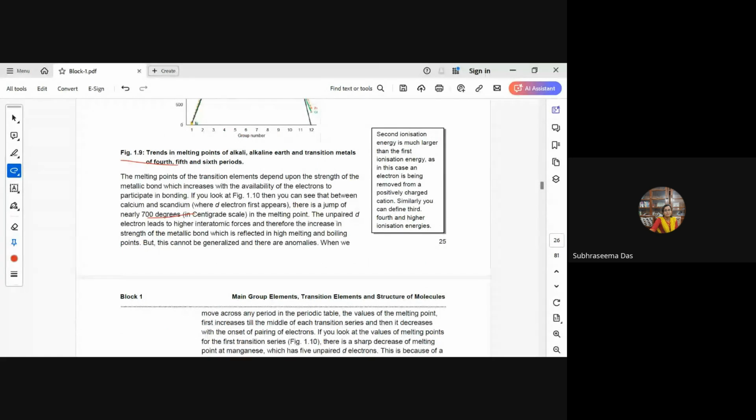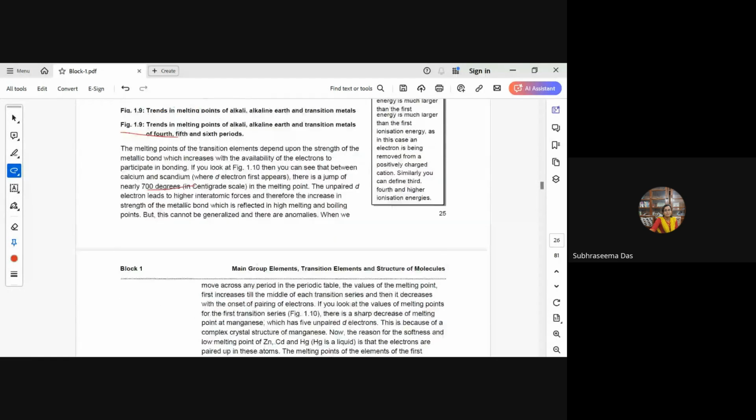This is because of the presence of the unpaired d electron that leads to higher interatomic bonding, and therefore an increase in the metallic bond strength, and thus we also see a high melting and boiling point.